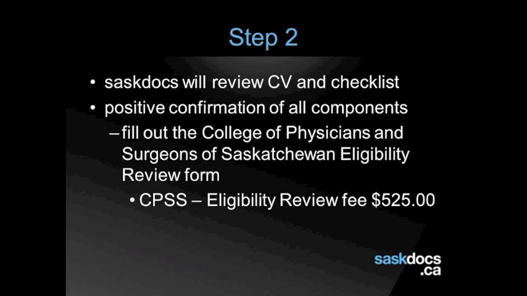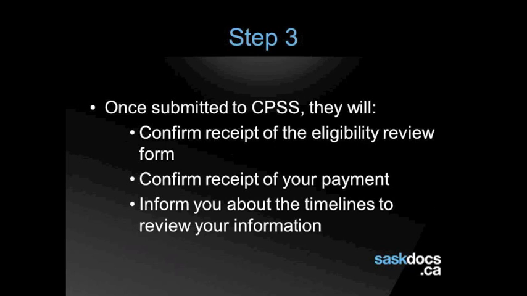So step 2, once we review that checklist, we will look at your CV as well, and we will make sure that everything is positive and we've got confirmation that everything can go through, and we send you forward to the College of Physicians and Surgeons of Saskatchewan. They will see that we've sent you an email as well as copied them in with your checklist and your CV, and they will ask you to fill out an eligibility review form.